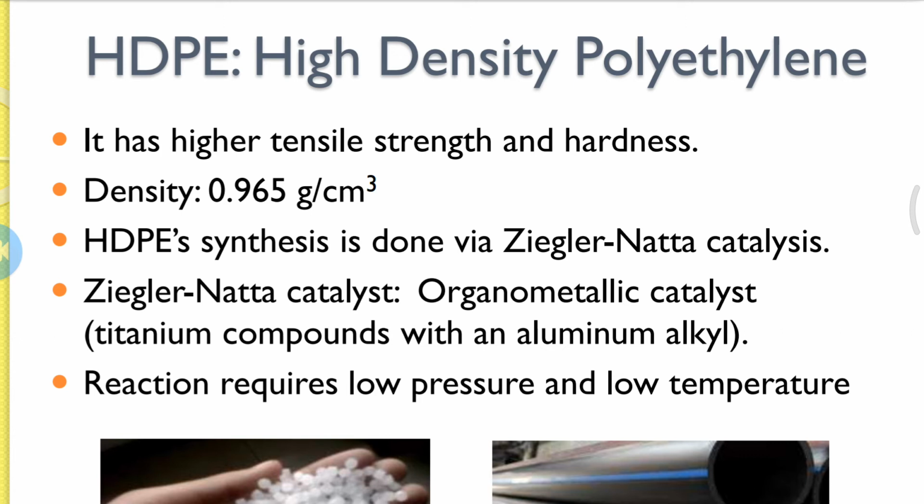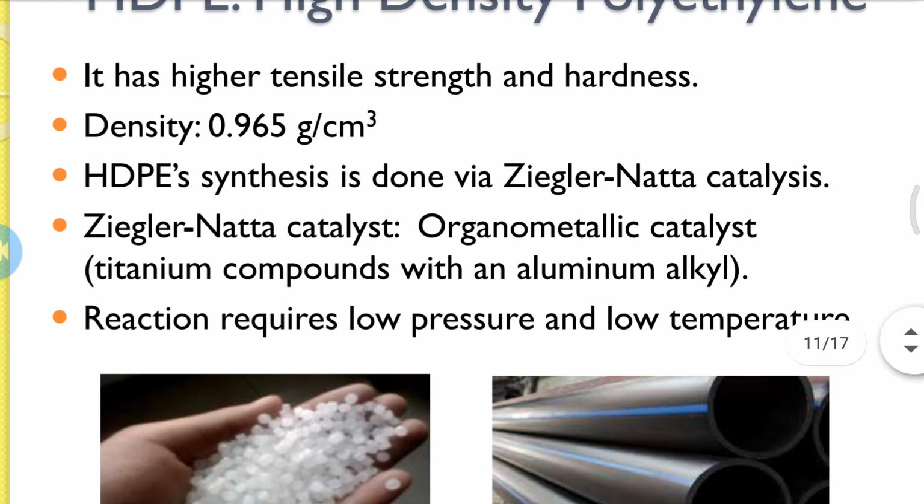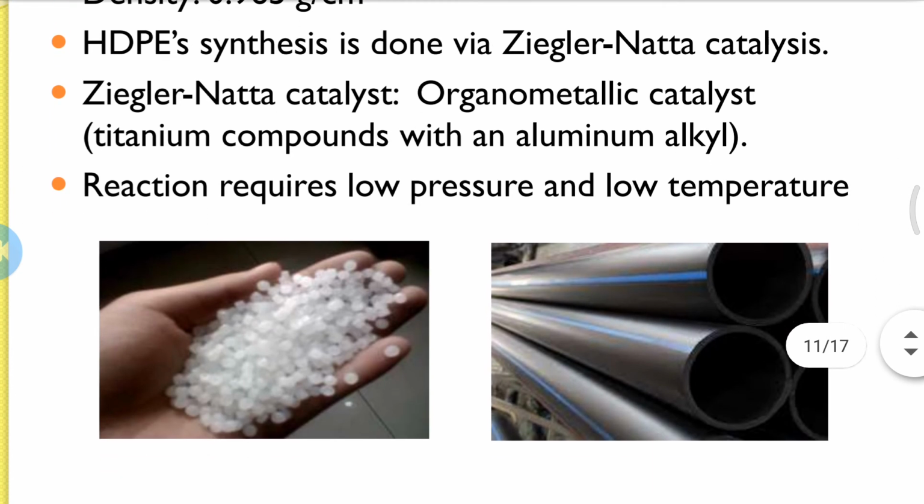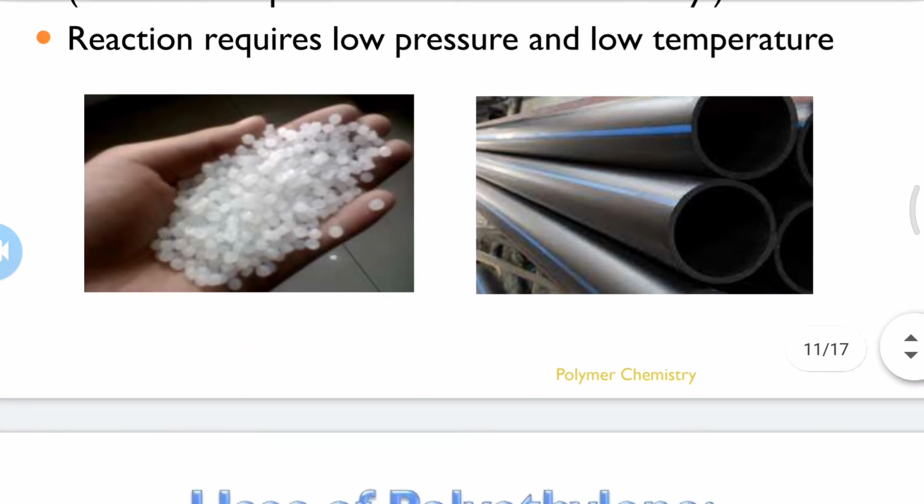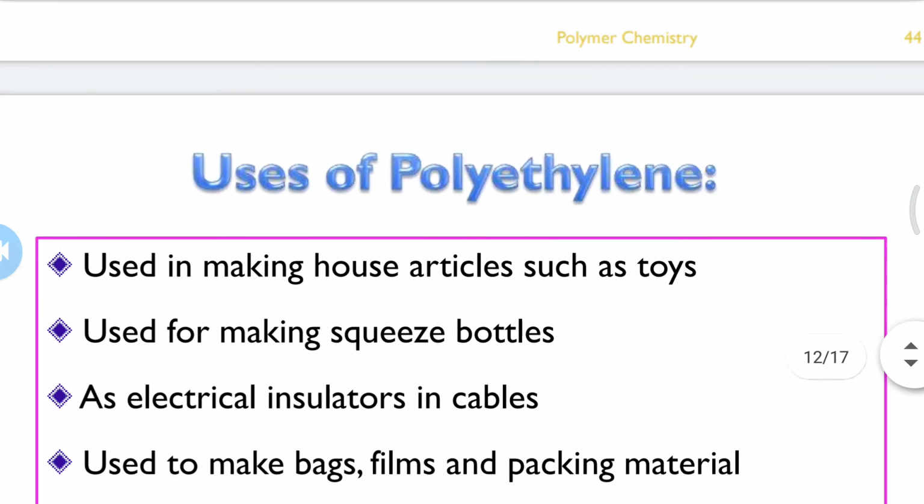It contains organometallic catalysts such as titanium compounds with aluminum alkyl. The reaction requires low temperature and low pressure to form high density polyethylene polymers. So this is the example of polyethylene.